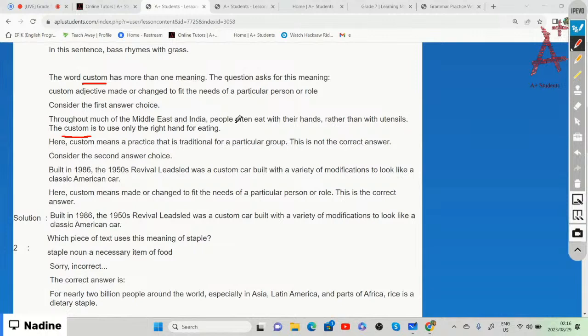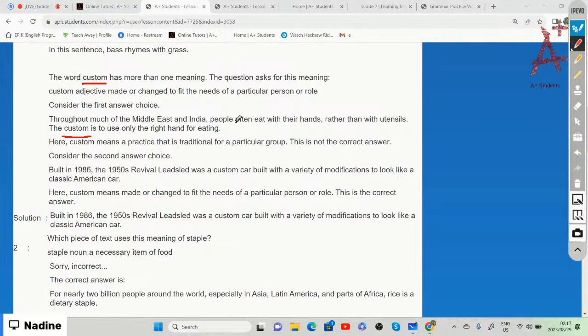So in this case, custom means a practice that is traditional for a particular group. Cultural groups and religious groups practice certain traditional norms, and they follow those practices.